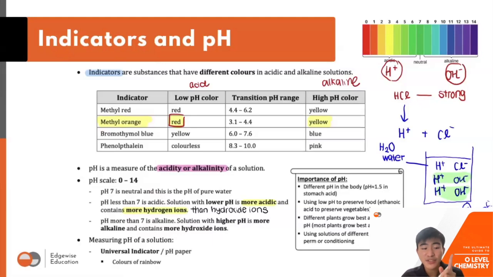The number of hydrogen ions, H plus, is more. Remember, H plus is hydrogen, and hydroxide is OH minus. Similarly, a solution with a higher pH is more alkaline, and they contain more hydroxide ions than hydrogen ions.